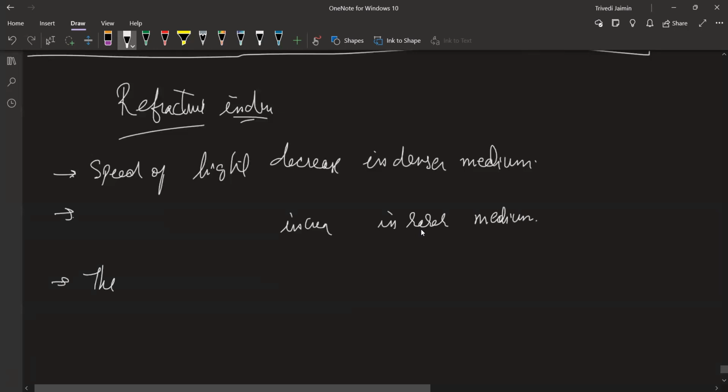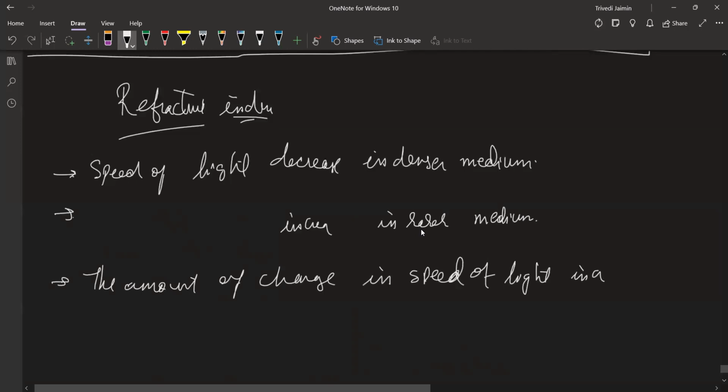So this is the amount of change in the speed of light in a medium.